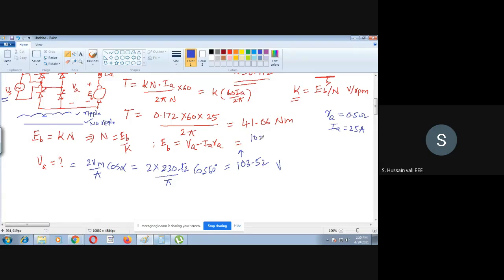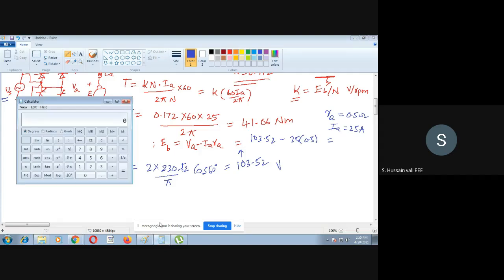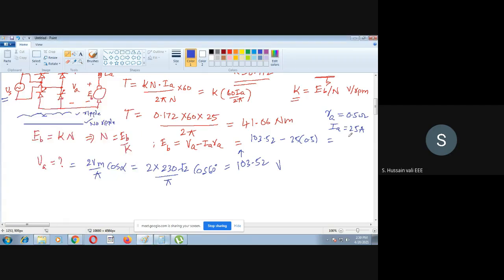So 103.52 minus 25 into 0.5. What is the answer you will get if I do this? So 91.02 you will get. So the back EMF is 91.02 volts. Now we'll bring this equation here: EB is equal to Kn.